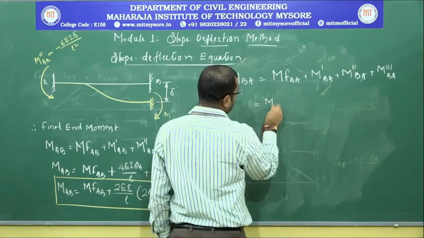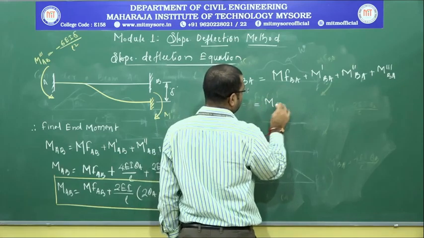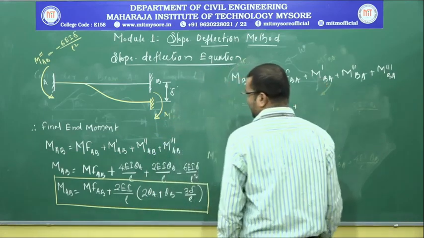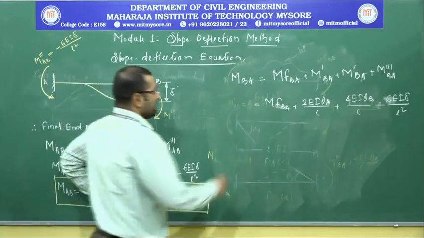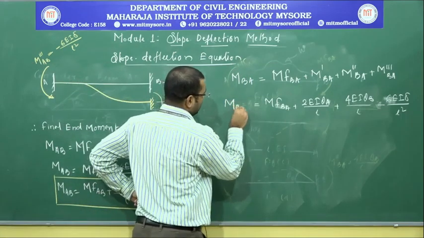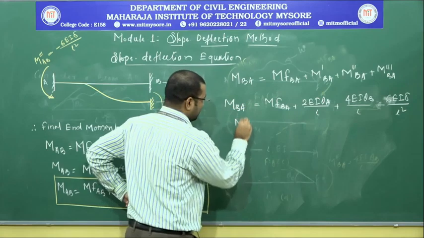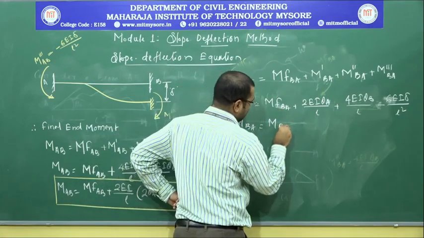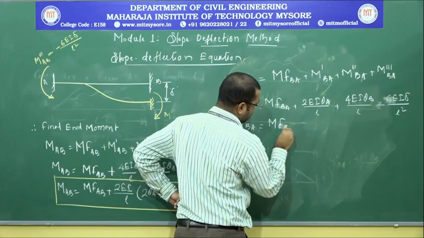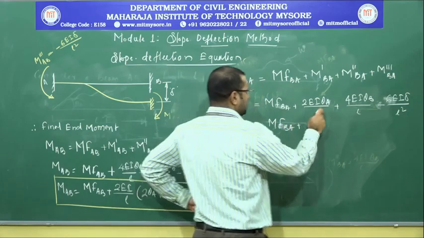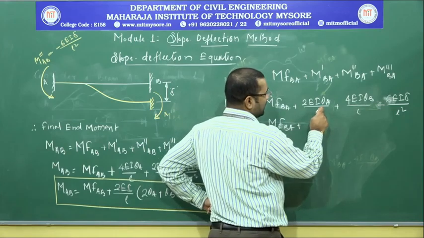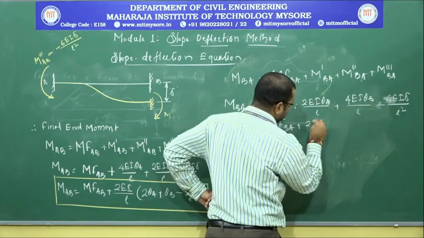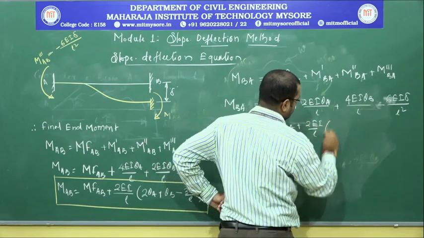MFBA will remain as it is, plus 2 EI theta A by L plus 4 EI theta B by L. You can see that I can take 2 EI by L as the common factor.